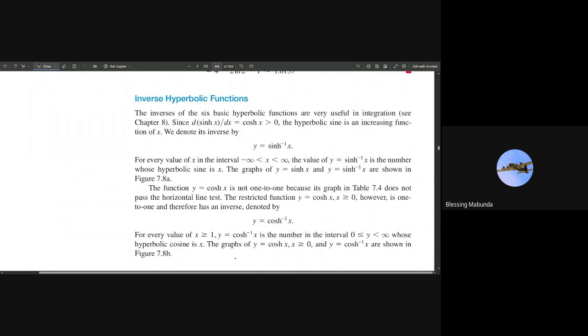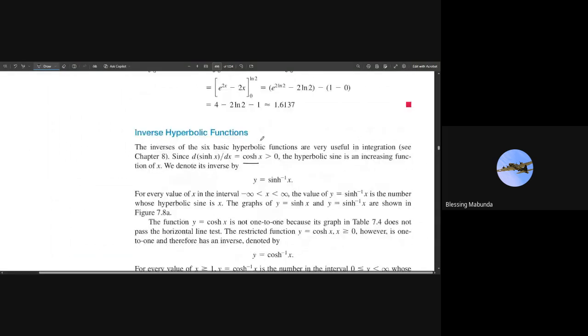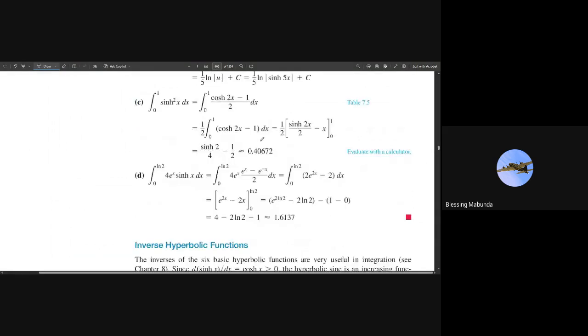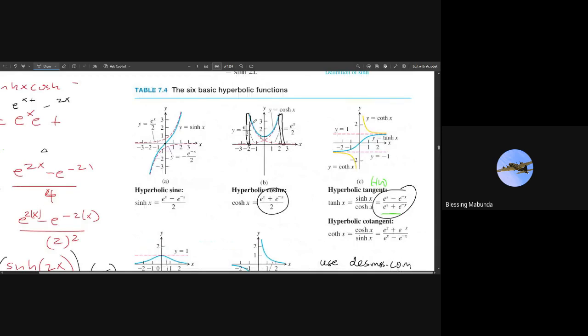Since d dx of sinh x is equal to cosh x, which is always greater than 0, you can see from the plot here that cosh is never below 0, meaning it's never negative.